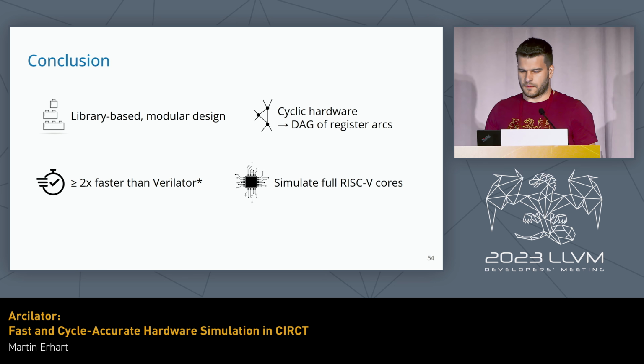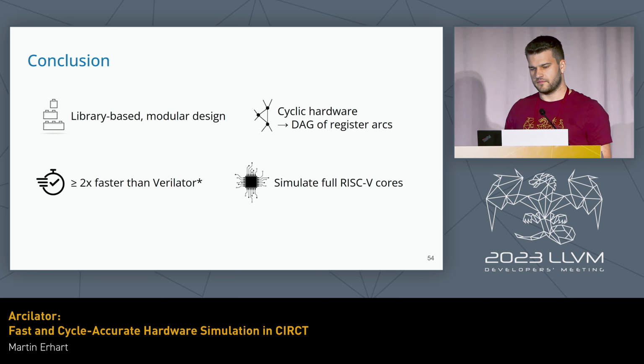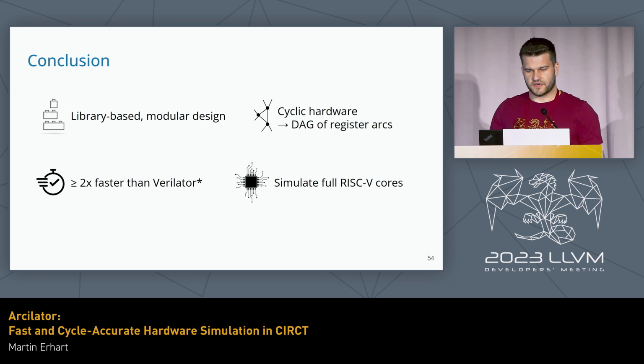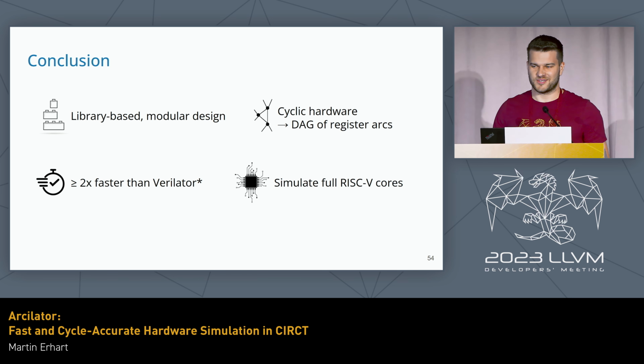We have an IR that converts cyclic hardware to a DAG of register arcs, which form an explicit execution schedule, which is easy to work with. And we have shown that we can simulate full RISC-V cores that are non-trivial. So that concludes my talk, and I'm happy to take any questions.